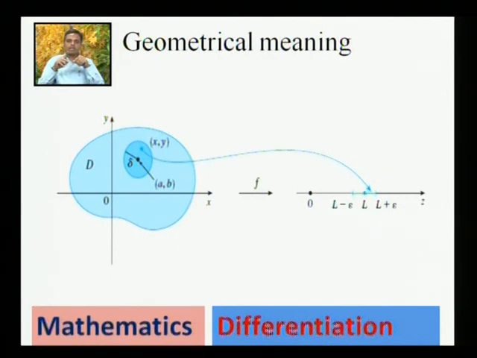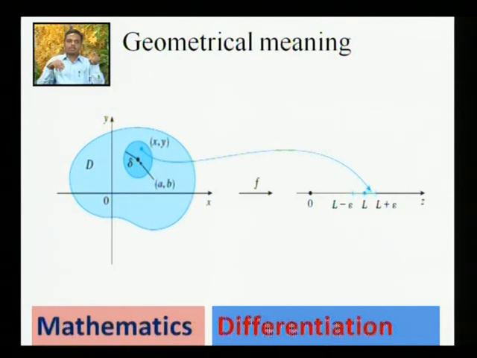Because f is a function from the domain D to R, the right hand side is the real line, while the left hand side is a plane. So the image of the point (x, y) is going to be on the real line. Because the limit of f(x, y) is L, that image will be near the point L, between L minus epsilon and L plus epsilon.